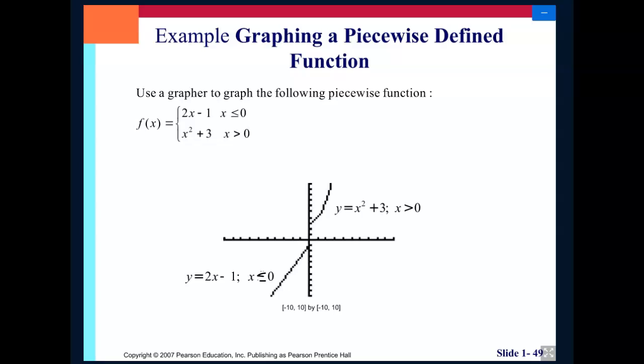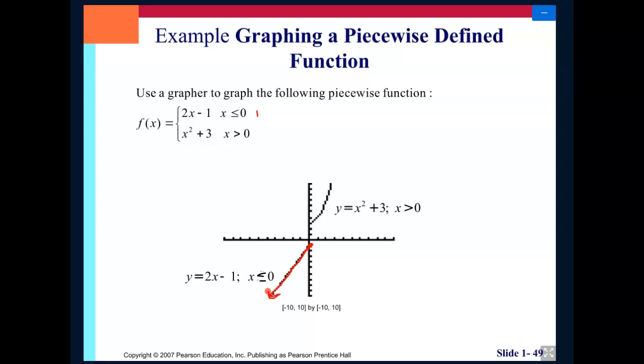In order to graph that, you plug in values for x less than or equal to 0 into the top equation. So you would plug in something like -2, -1, and 0. When you plug in 0, we get that closed dot right there on the y-axis where the graph ends.